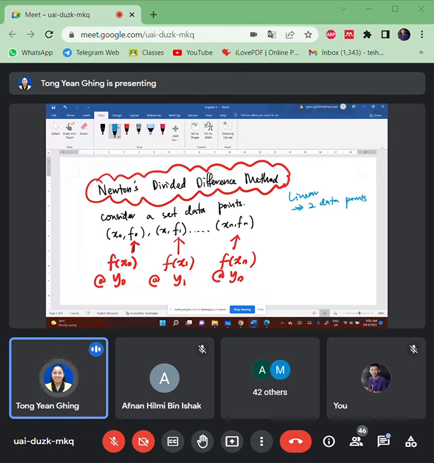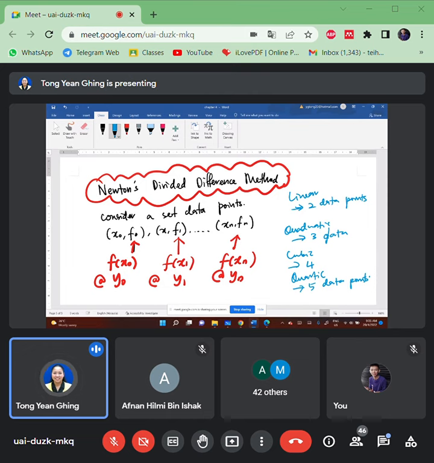It can be quadratic if we have three data points, or cubic when we have 4 data points, or even quartic, same as Laplace, when we have 5 data points.